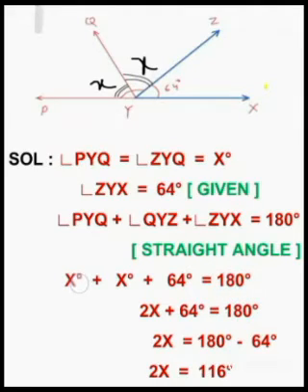So, x degrees plus x degrees how much? 2x degrees plus 64 degrees is equal to 180 degrees. Now, let us transpose 64 degrees to the right hand side. Then you will get 2x is equal to 180 degrees minus 64 degrees. So, 180 minus 64 degrees is 116 degrees. So, 2x is equal to 116 degrees.